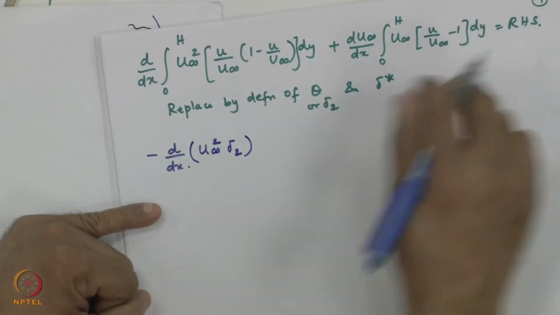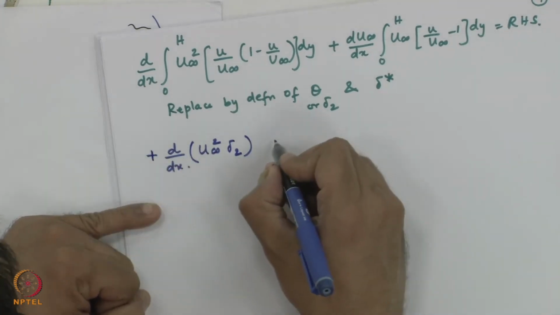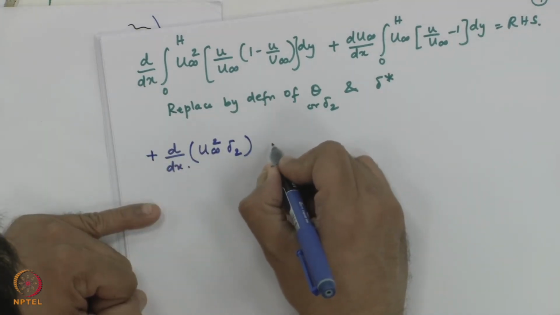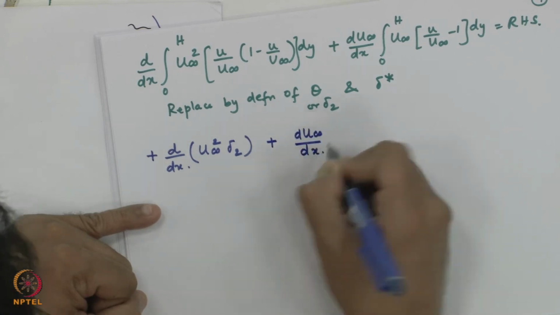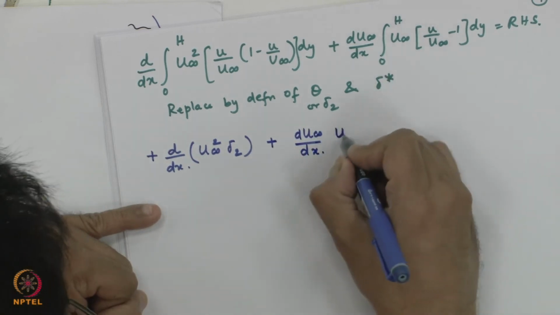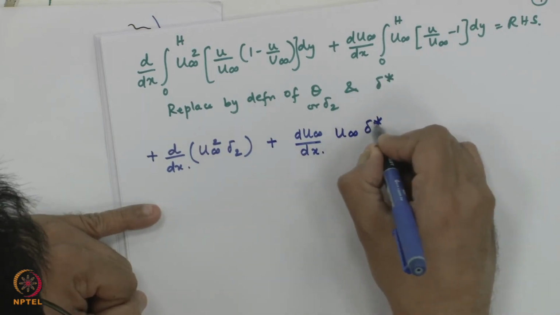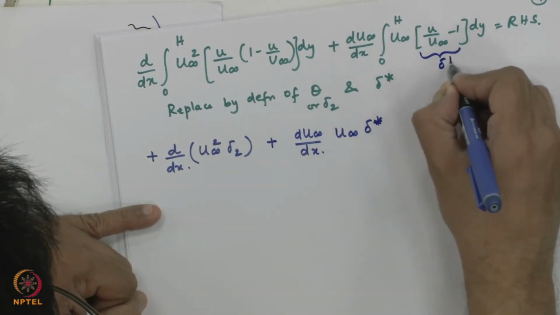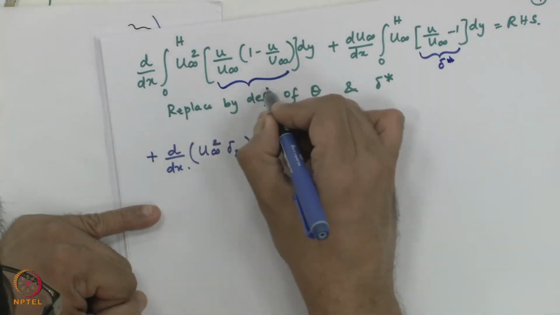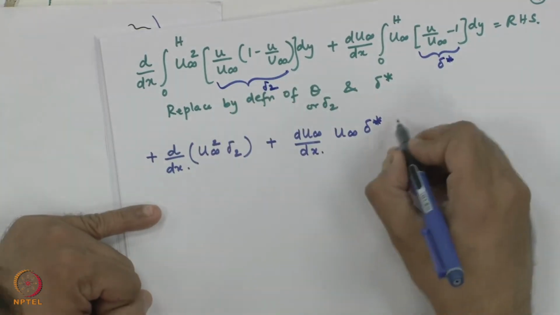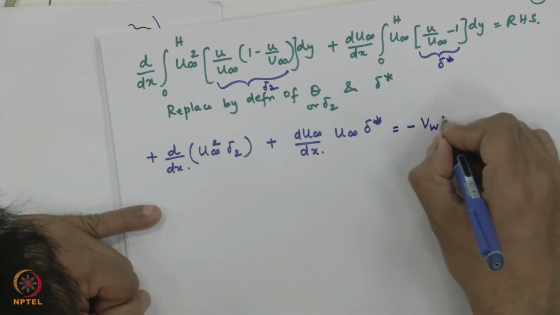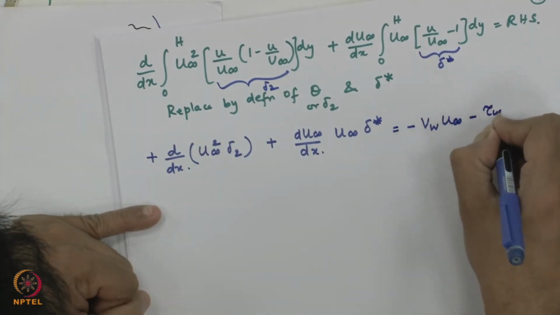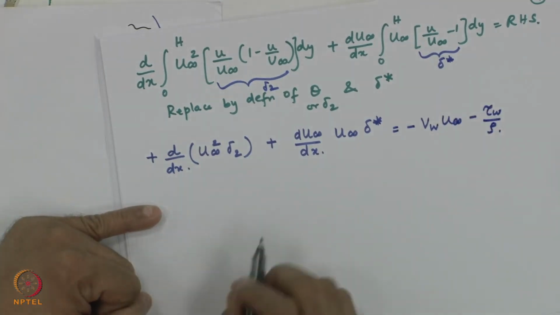The right hand side had a minus sign, let us just come back to that slowly, plus du infinity by dx u infinity times delta star, this is delta star, this is your delta 2, is equal to minus Vw u infinity minus tau wall by rho.